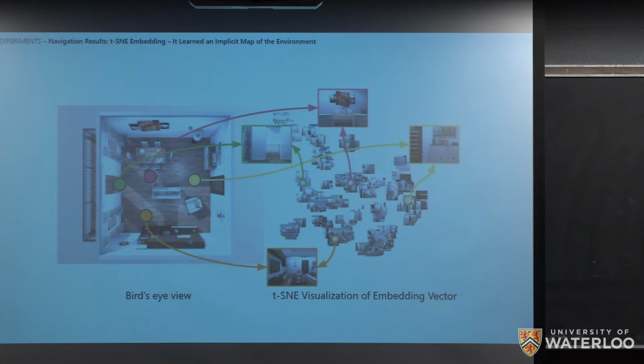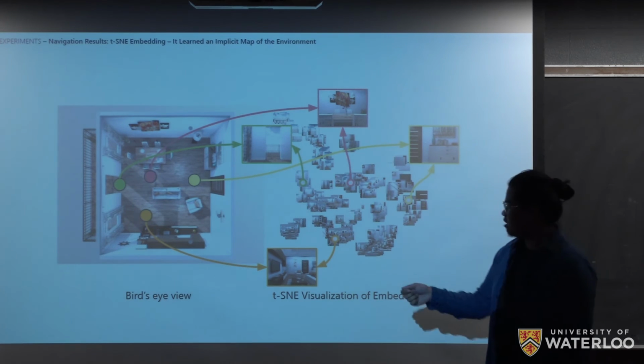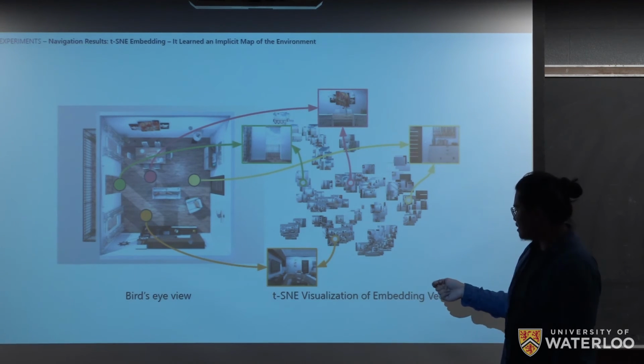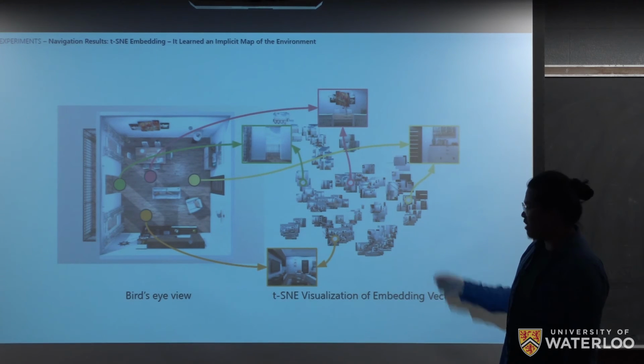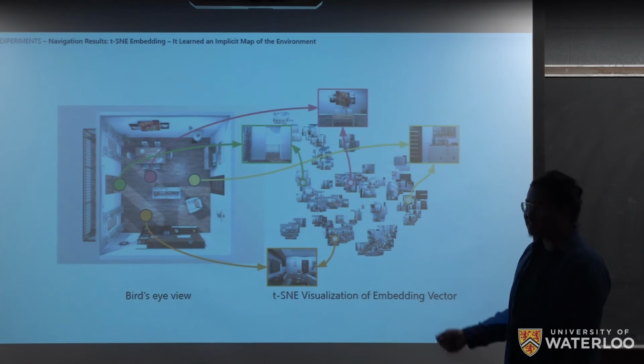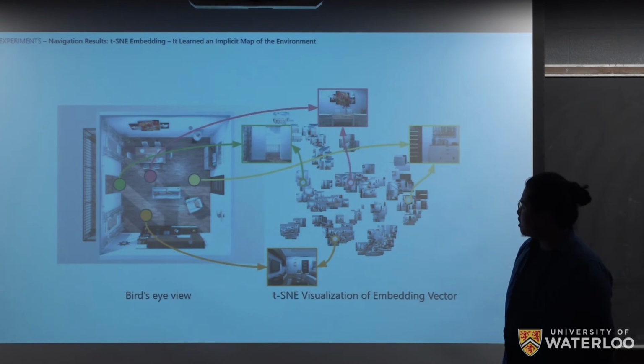To evaluate their navigation results, here's a really cool result they have. So on the left here, we have a bird's eye view of the environment. And on the right, they performed a t-SNE visualization of that middle embedding vector, if you remember from the neural network architecture. So what this t-SNE does is it clusters that high-dimensional 512D vector and projects it down into 2D.